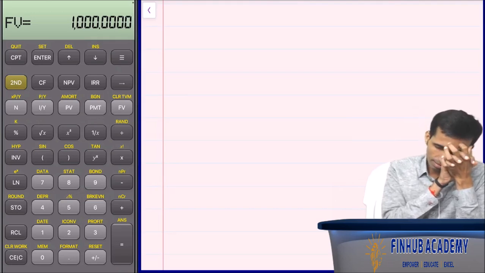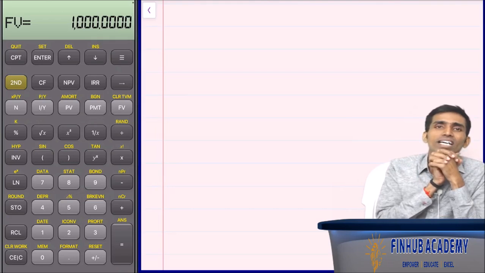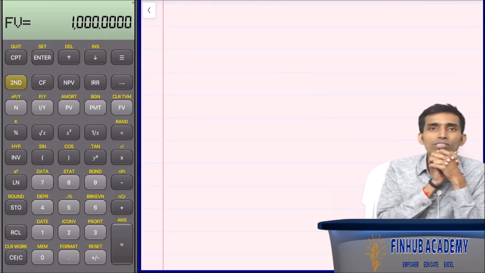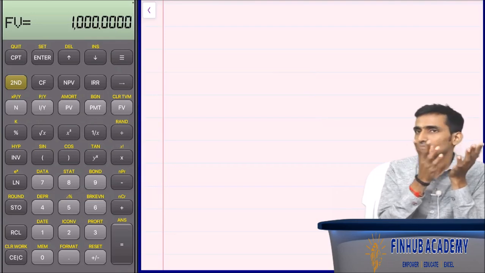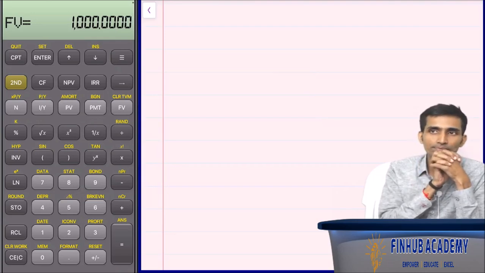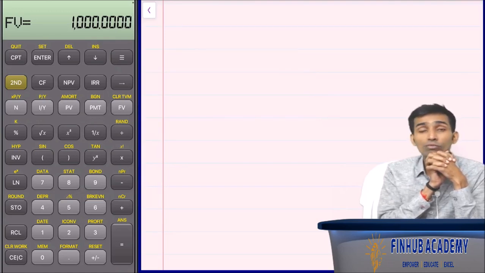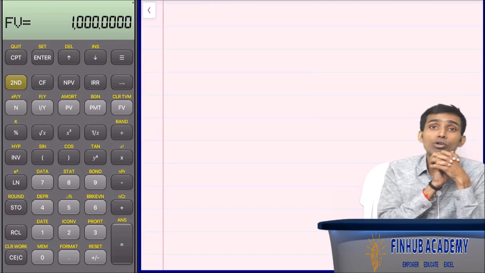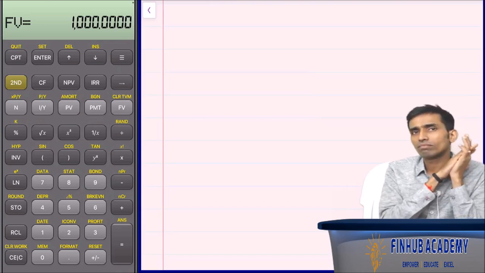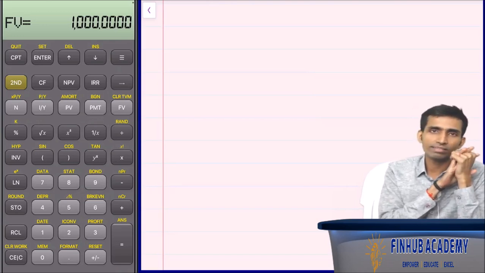Second thing, if we go subject wise, then ethics doesn't have any calci usage, correct? Obviously for quants, because it is pure maths, you will have to use your calculator heavily.